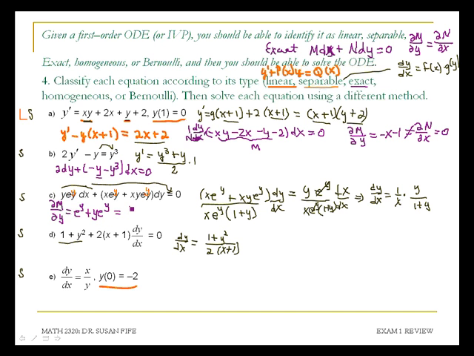And notice that is the same as the partial derivative of N with respect to x. When you take the derivative here with respect to x, these x's will drop out. You get e to the y from the first term, and you get y e to the y from the second term. So C is exact.